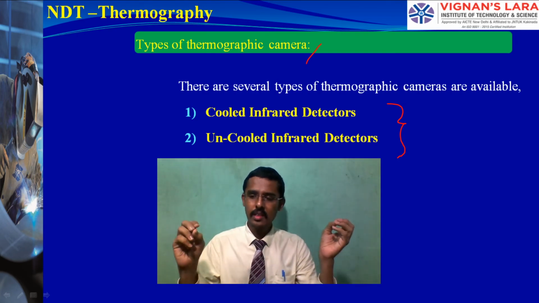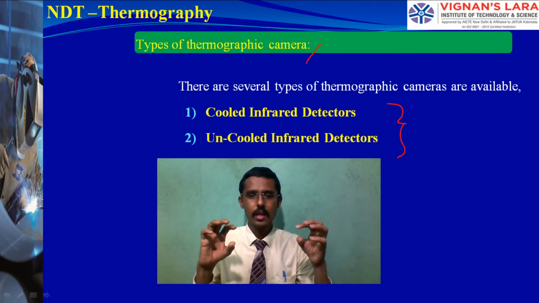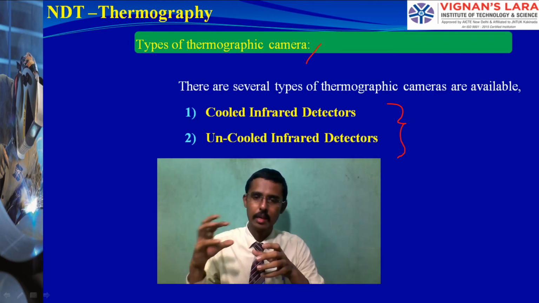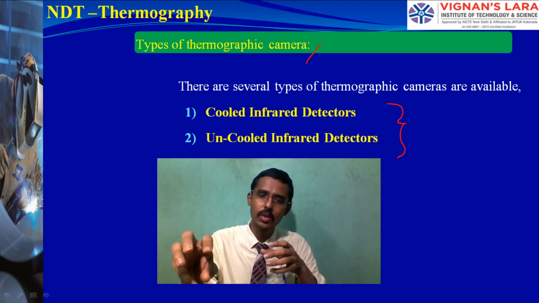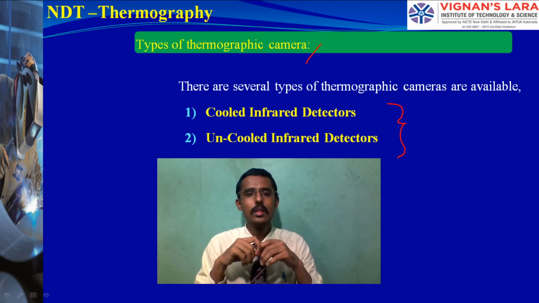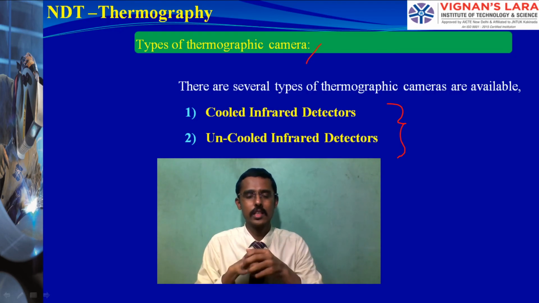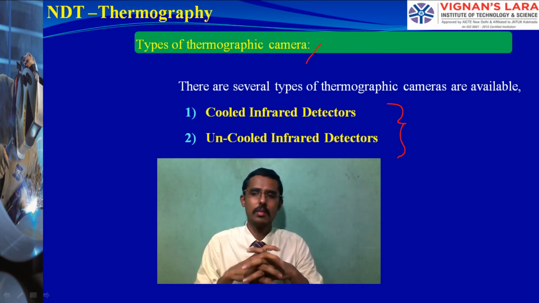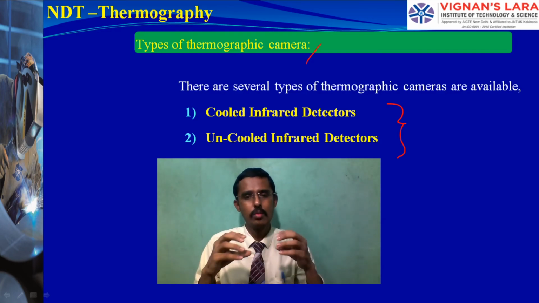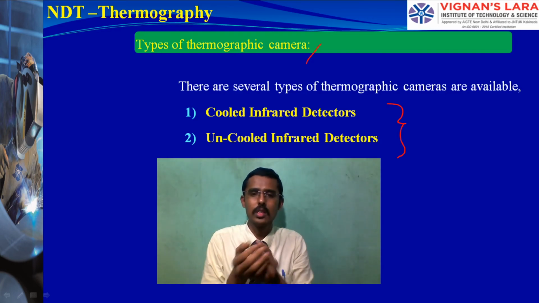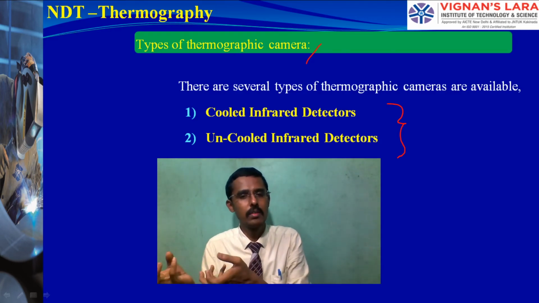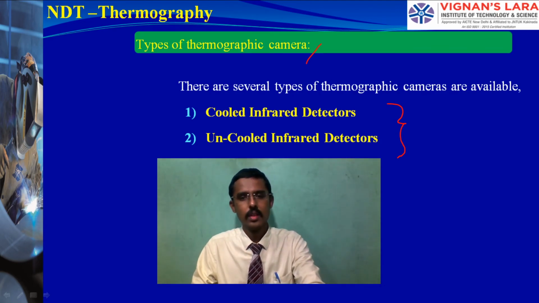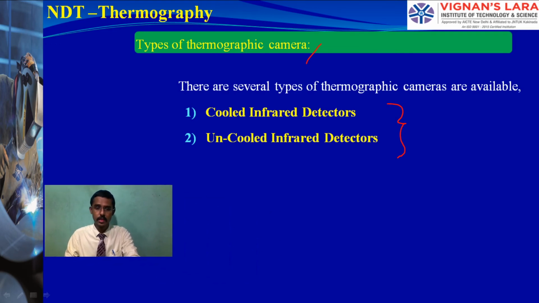We supply a coolant or a cooling system to protect the camera, so the camera can go nearer to very hot zones. Uncooled infrared detectors work at normal temperatures, maybe ambient temperatures or normal working conditions, and are very cheap also. We will see them one by one. Uncooled detectors also have types.